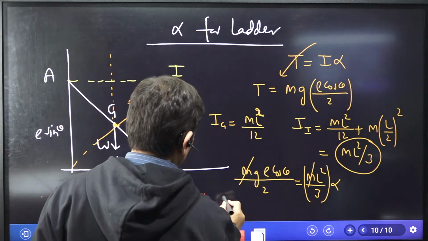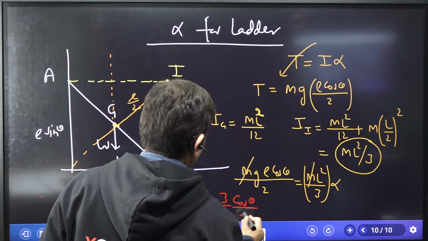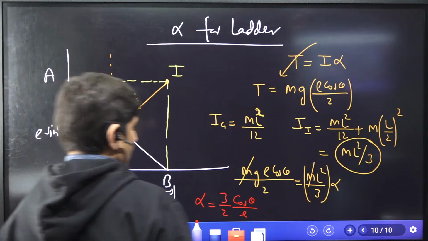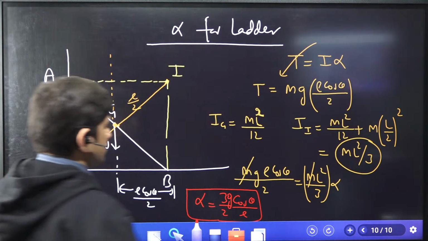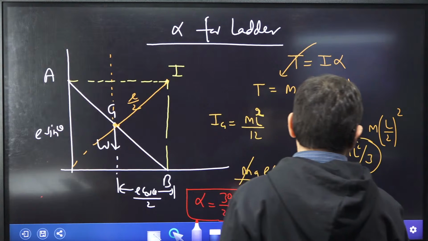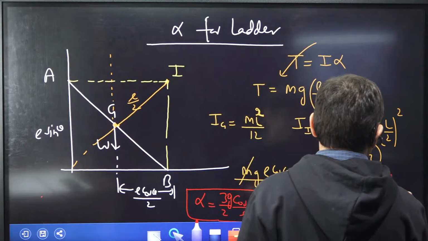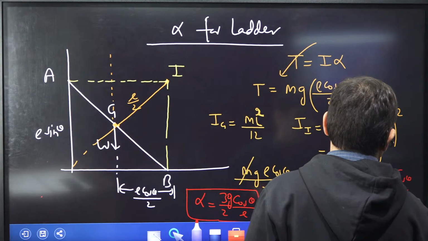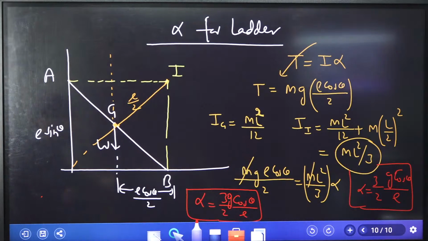Alpha is equal to 3 by 2, g cos theta by L. Believe me, this direct question can be asked from here: what is the angular acceleration of the ladder? Alpha is equal to 3 by 2 g cos theta over L. That is the value of angular acceleration of the ladder.